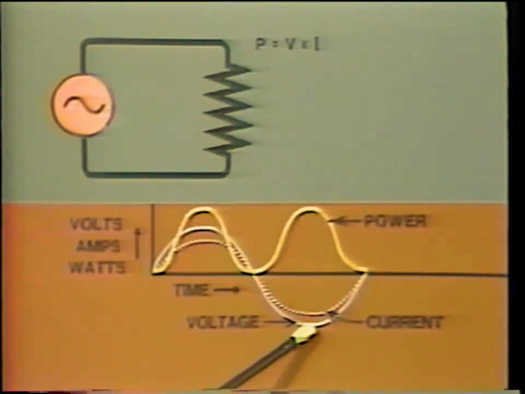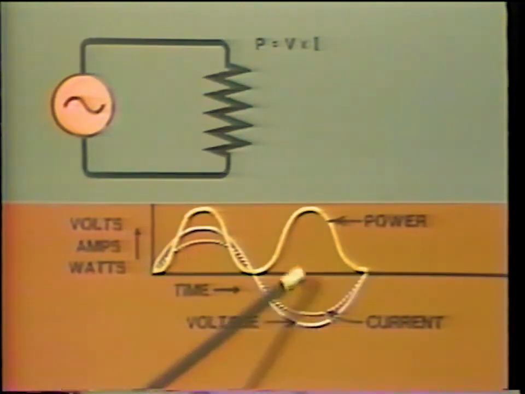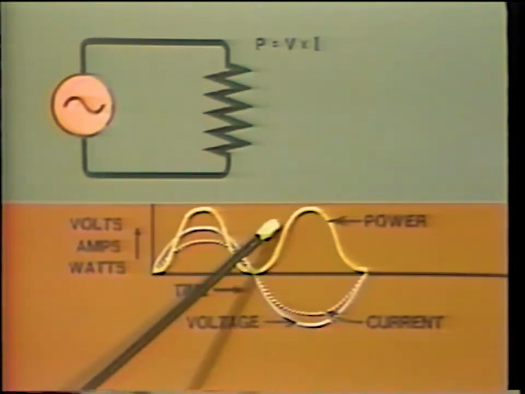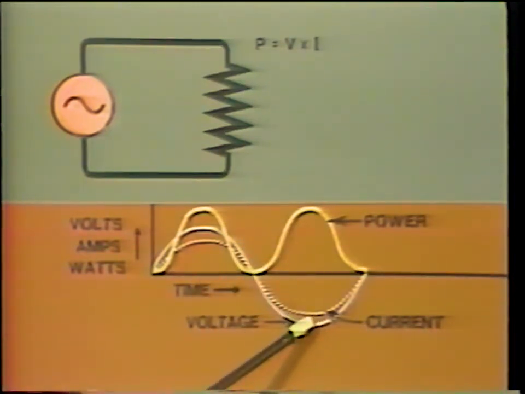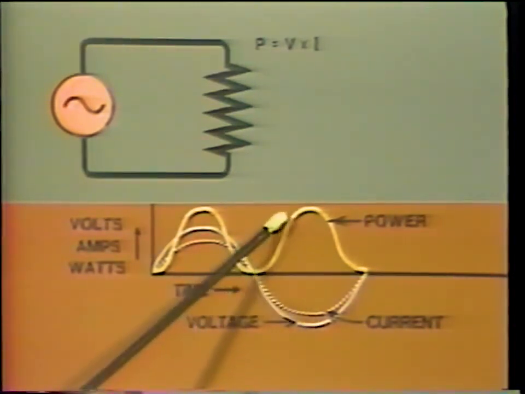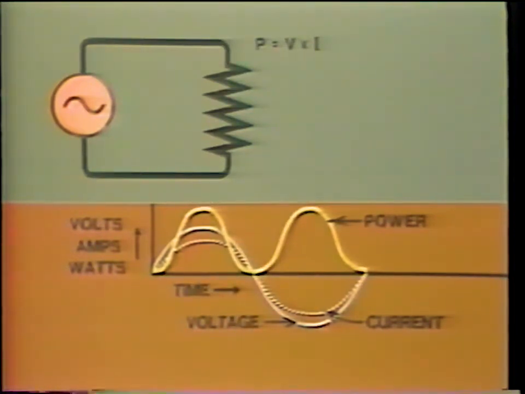As you know, when two negative numbers are multiplied together, the result is a positive number. Therefore, even though the voltage and current are both negative, their product is positive power in watts. So, at this point, maximum negative voltage and current gives maximum positive power. Power is therefore a sine wave, oscillating about this axis.